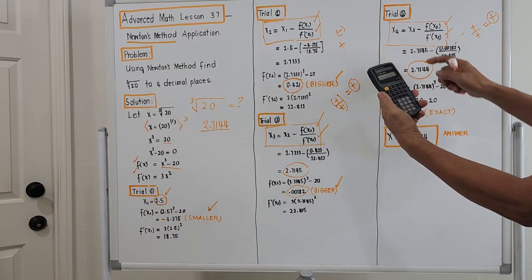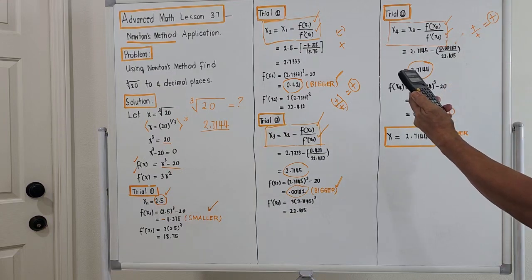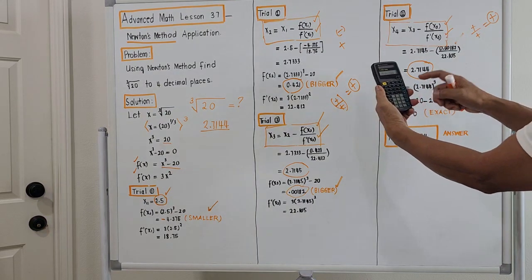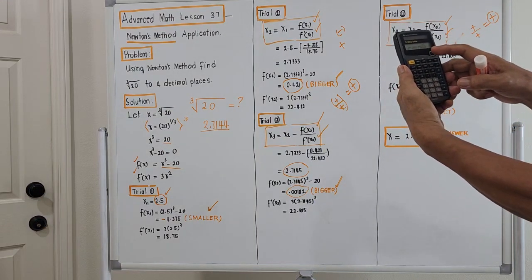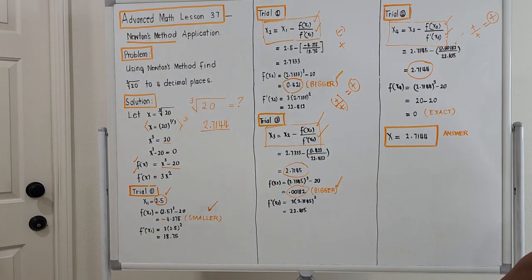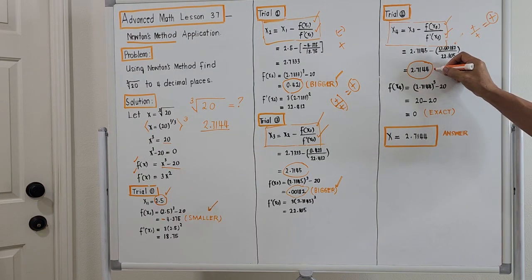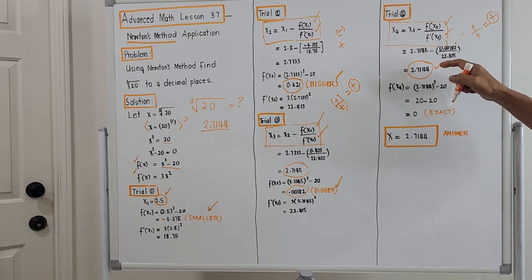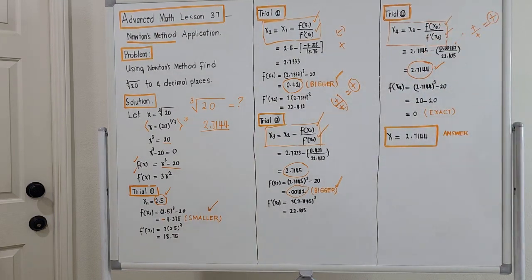We add that to this, plus 2.7145 equals, okay, what comes out up to the 4 decimal places is 2.7144. Okay, you got it? So the simplification of this by using the calculator up to 4 significant places, 2.7144.